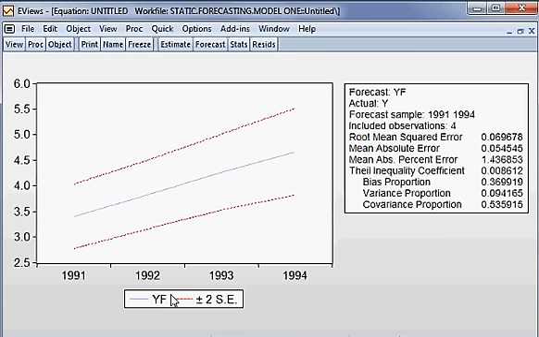What is YF? YF means forecasted value of Y. What does Y mean? Y means dependent variable. Here the Y is the dependent variable.